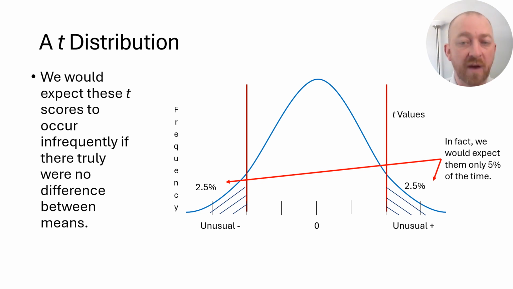Therefore, if we find one of these t-values, we can safely say we probably didn't get this t-value by accident. We probably didn't just happen to find one of these rare t-values. We probably got this t-value because our grouping variable did influence the scores on our dependent variable. That's essentially what we're getting at.